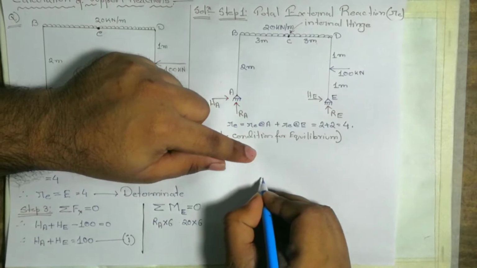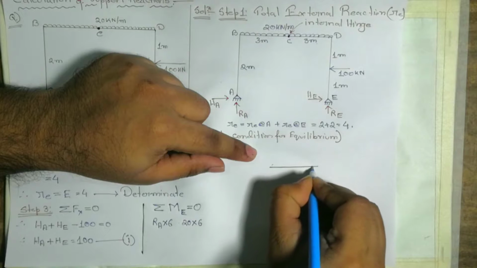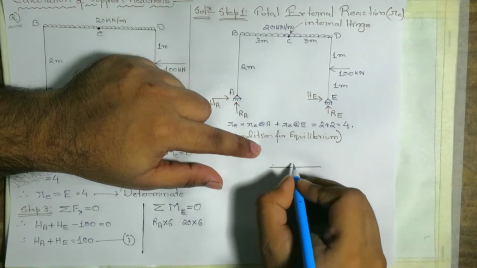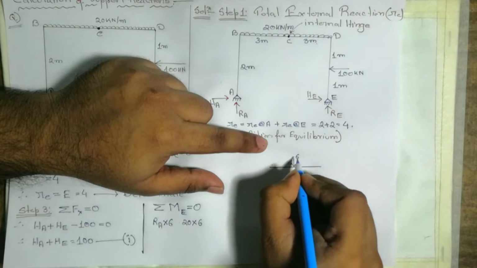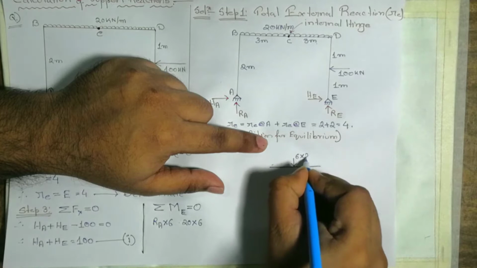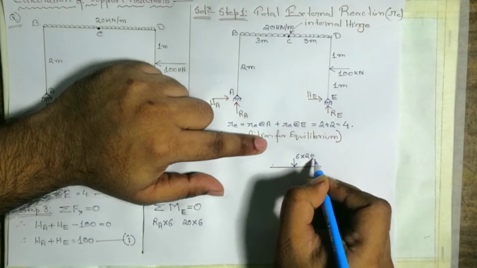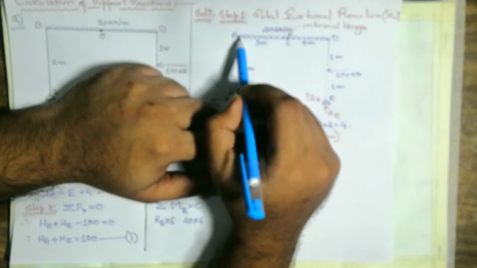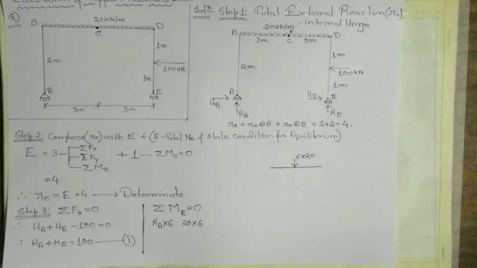Let me show you, it will be more clear. It will be converted into a point load 6 into 20. 20 is the magnitude of the uniformly distributed load and 6 is the length for which it is applied. So it is now converted to a point load.